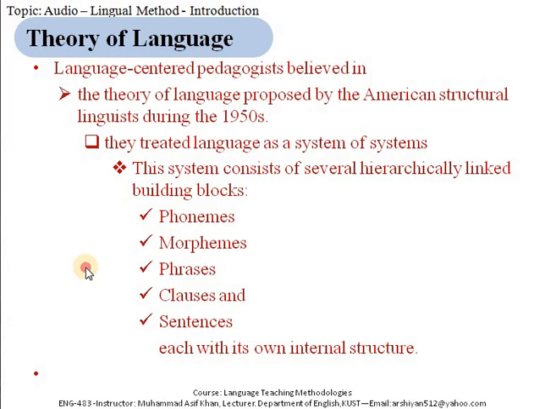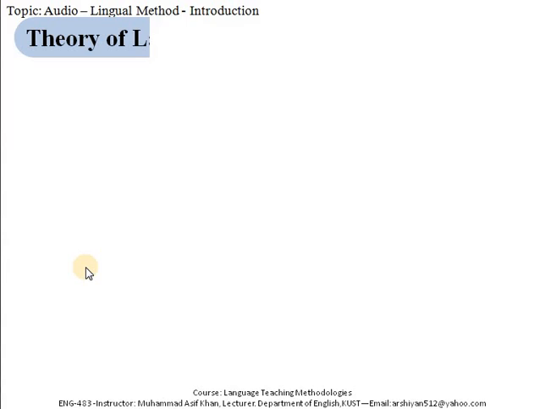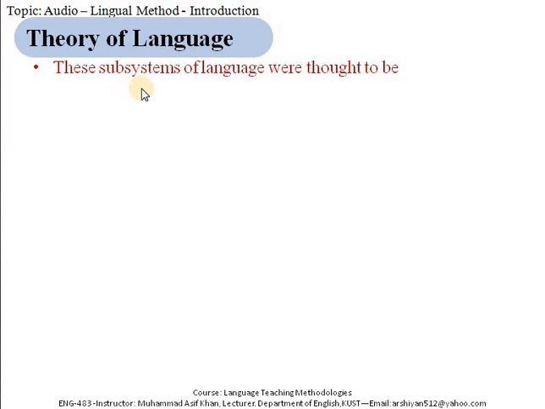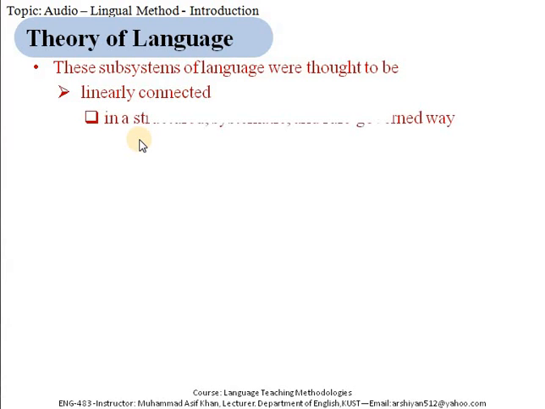In the same way, the pedagogists, the structural analysts, saw these subsystems of the language linearly, and the subsystems of the language were thought to be linearly connected in a structure, and it is having a system, and this system follows some rules and regulations.